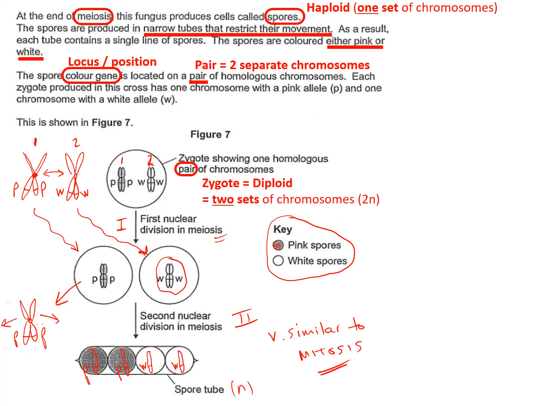So these cells here at the end of meiosis 1, they are actually both haploid cells, but the one copy of that chromosome is still replicated. So the cells at the end of meiosis 1 are haploid, and the cells at the end of meiosis 2 are also haploid, but they'd have half the DNA mass because each chromosome is not made of two sister chromatids. It's only a single chromatid in the spores at the bottom.